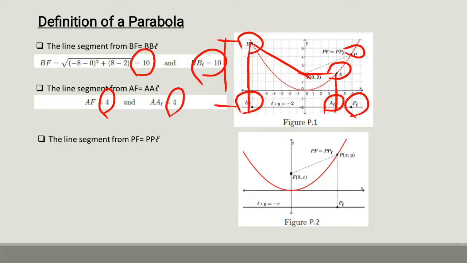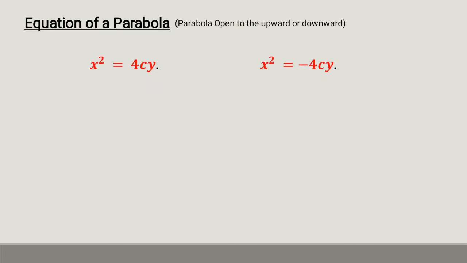And also, we have line segment P to F and line segment P to PL na ang sinasabi, this is also equal because a parabola is a set of all points which are equidistant from a fixed point and a fixed line. So merong 4 na equation ang parabola na ang kanilang vertex ay nasa origin.